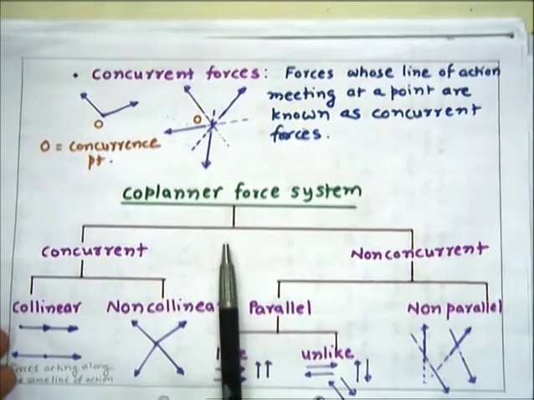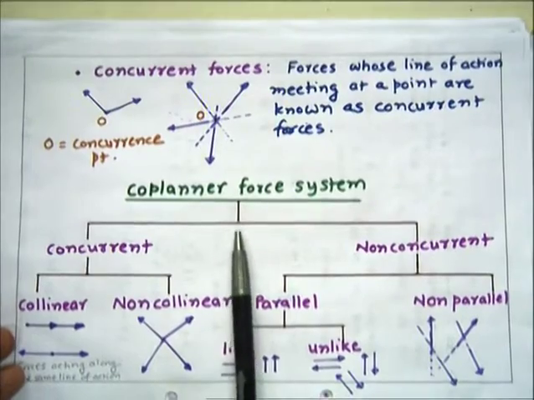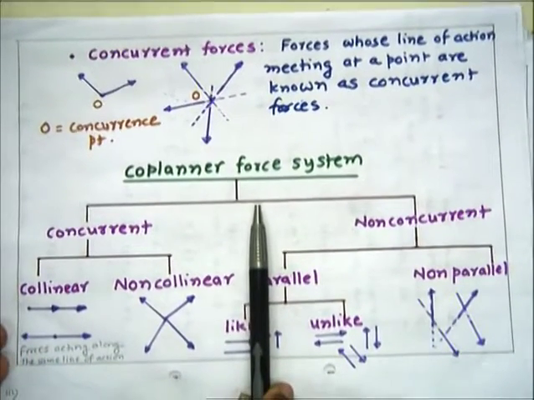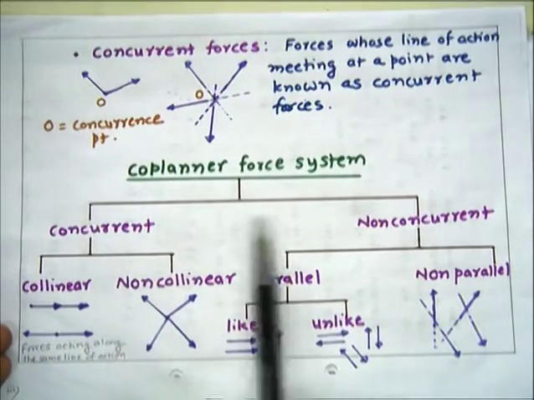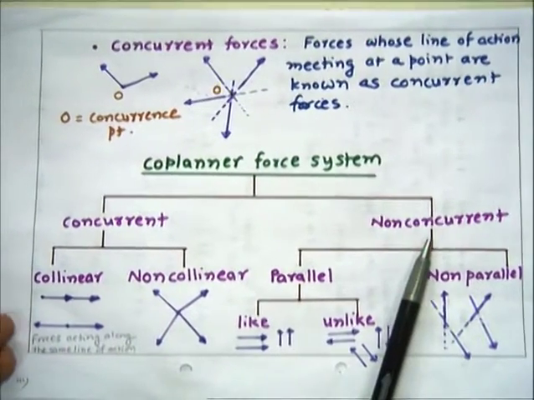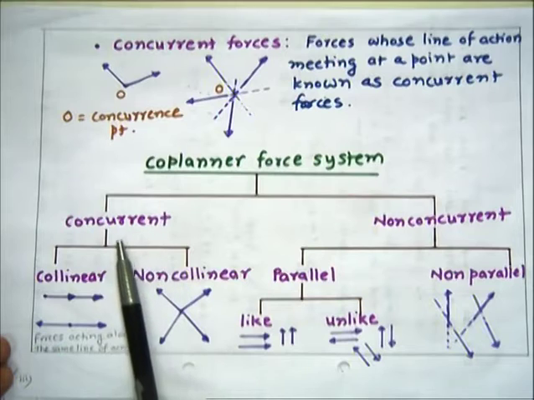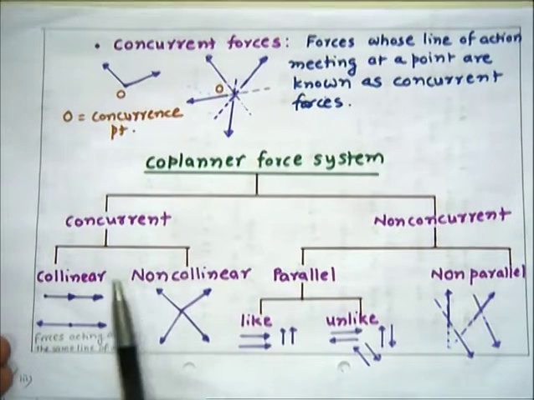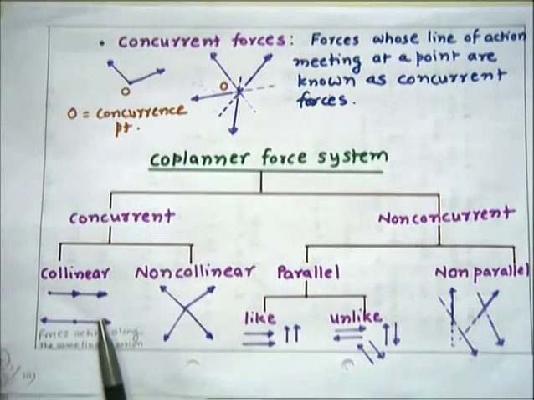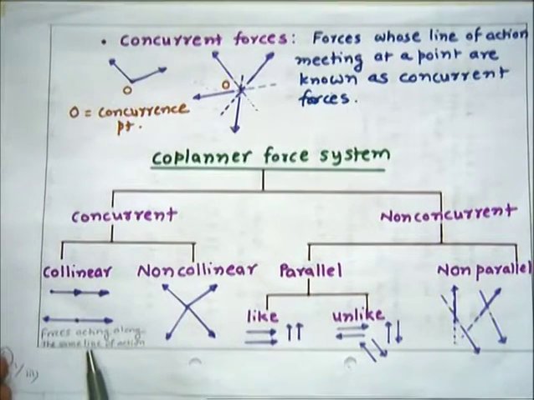Then classifying the coplanar force system, we can have two basic categories: concurrent forces and non-concurrent forces. Concurrent forces can be subclassified into collinear and non-collinear. Collinear means forces acting along the same line of action.